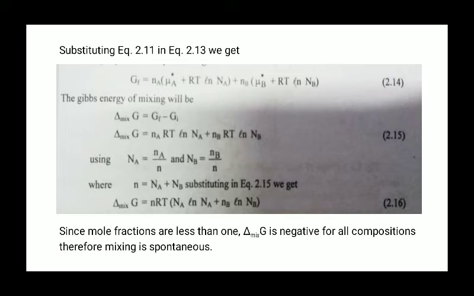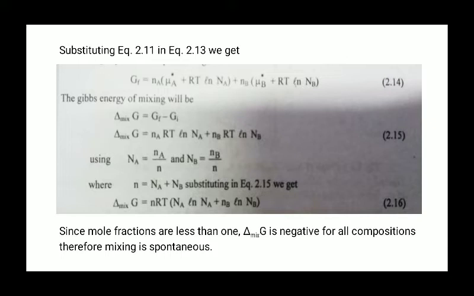The Gibbs energy of mixing will be delta G is equal to Gf minus Gi. Delta G mixing is equal to Na RT ln Na plus Nb RT ln Nb.